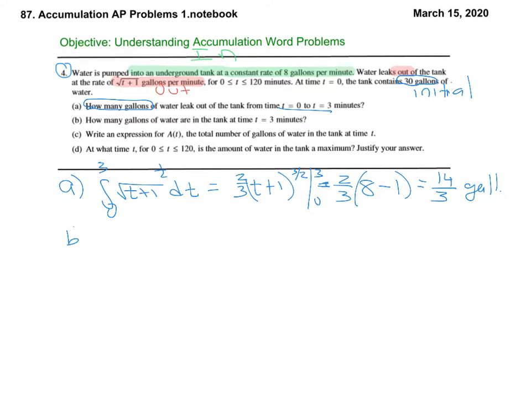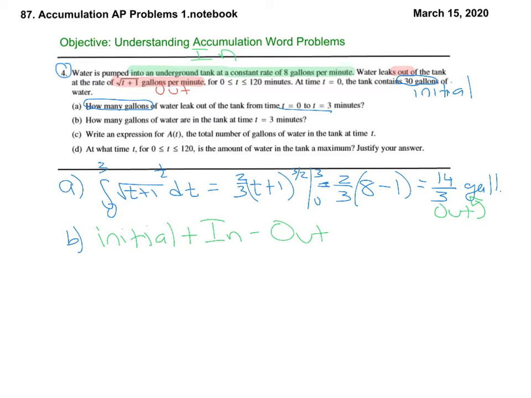All right, B. How many gallons of water are in the tank at t equals 3 minutes? So we just figured out how many gallons leaked out. So again, it's going to be the initial plus the in minus the out. We just figured out the out right there.